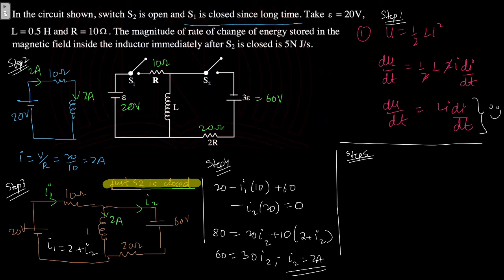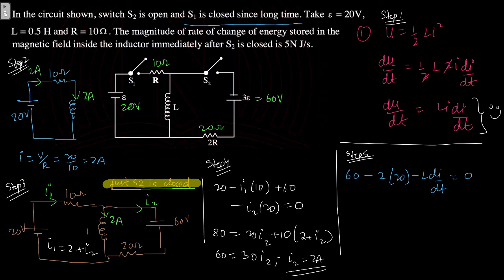In the right part of the circuit, let's again apply KVL. So 60 minus current is 2 ampere. We have just calculated current is 2 ampere. So 60 minus 2 into R is 20 minus L di by dt is equal to 0, right? I am using the right part of the circuit.